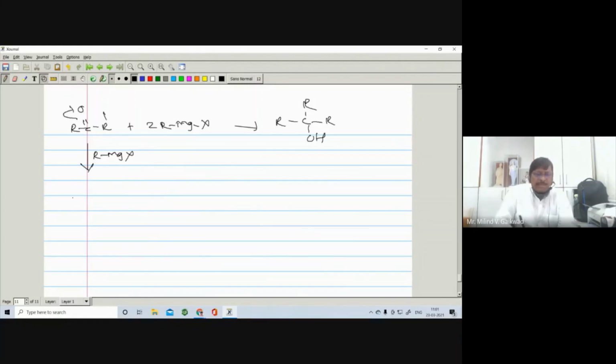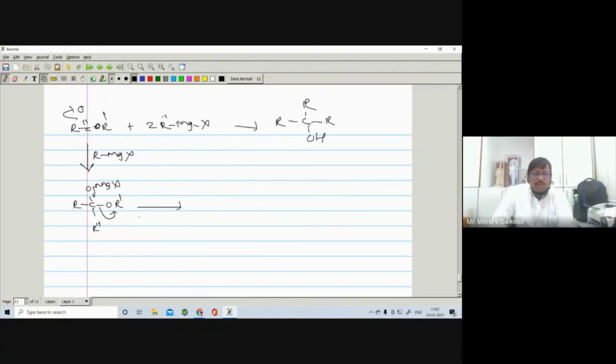The pi bond opens here, you are having the ester, right? So what happens? These are R, C, O, here is O R dash, MgX, plus here is R double dash, suppose, right? R double dash. Further, this magnesium complex, the sigma bond will shift here and this will shift here, right?